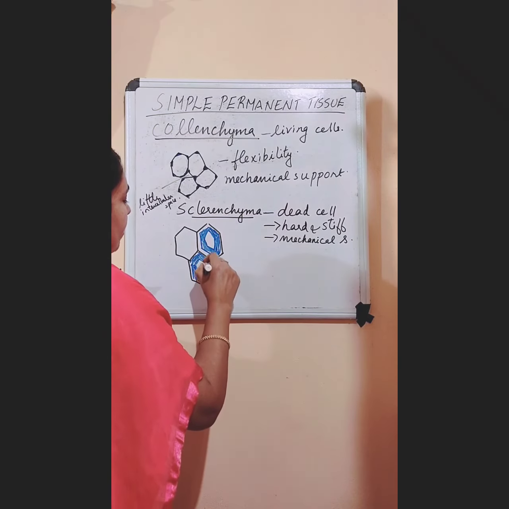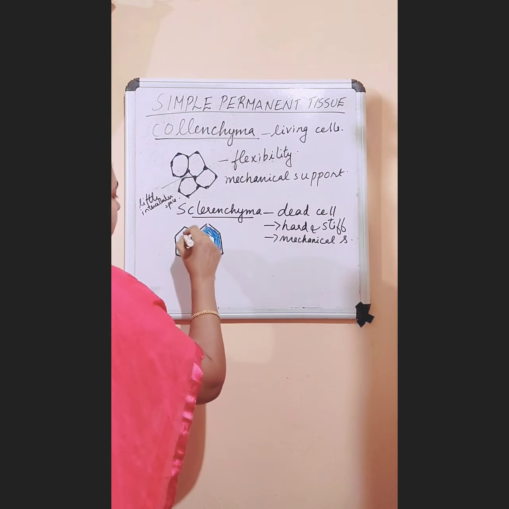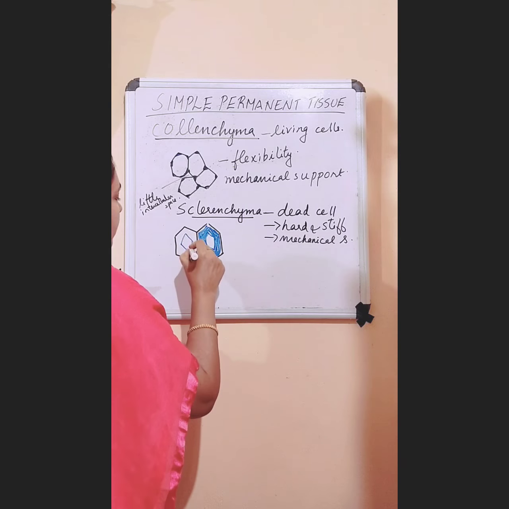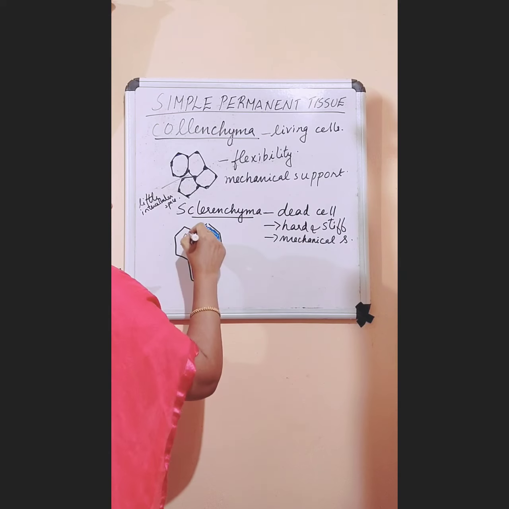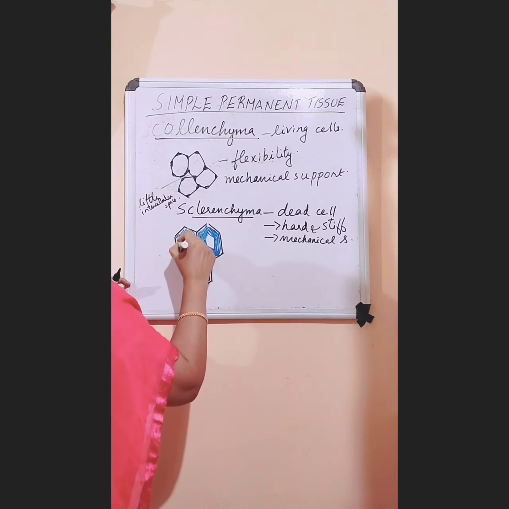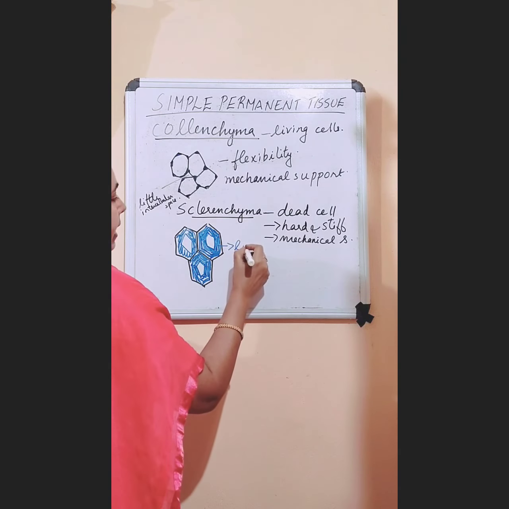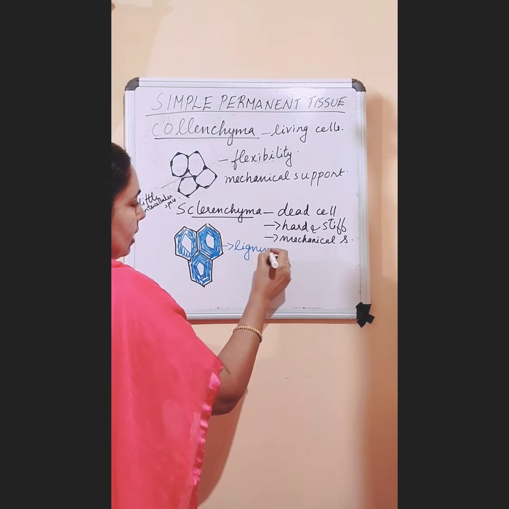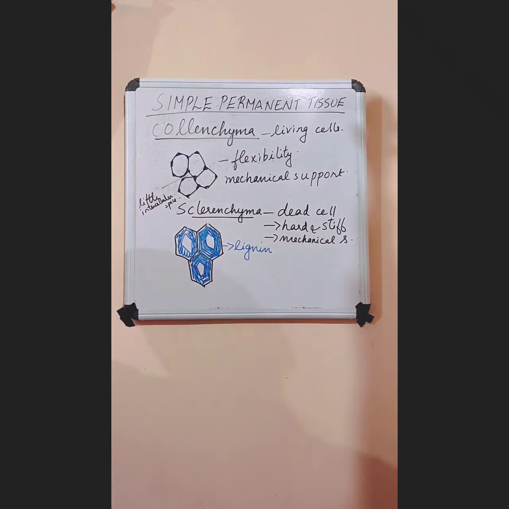So the inner cavity is less or absent. And this is thickened by a substance called lignin.